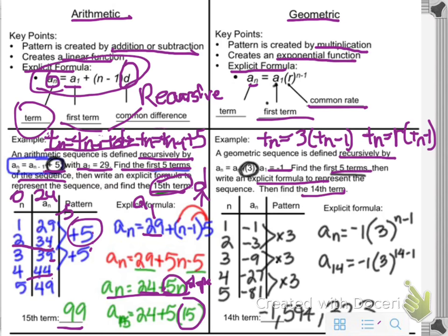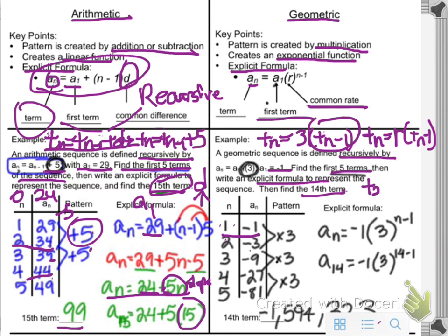Alright, so right here, this just means the term before. I use t, you can use a sub n. So this is whatever term we're looking for. Let's look at our sequence. We know our first term is negative 1. Say I want to find my second term.